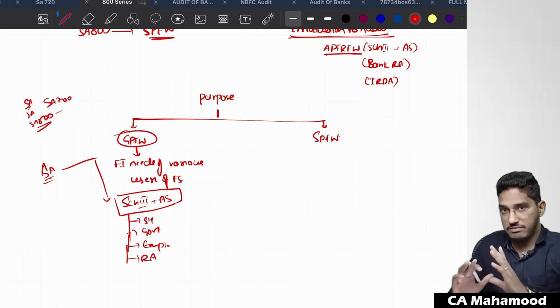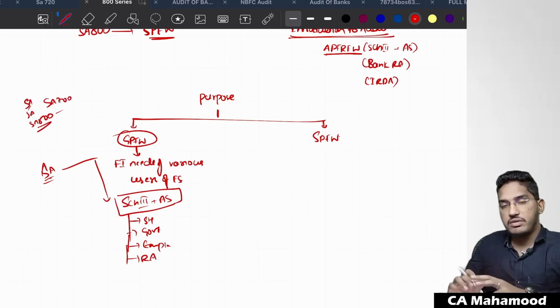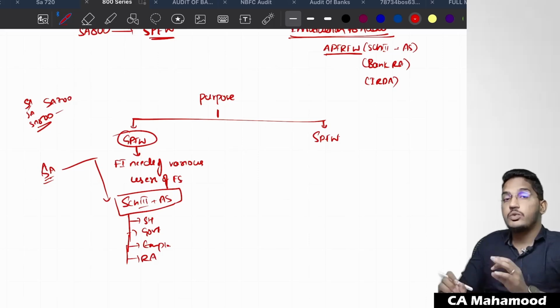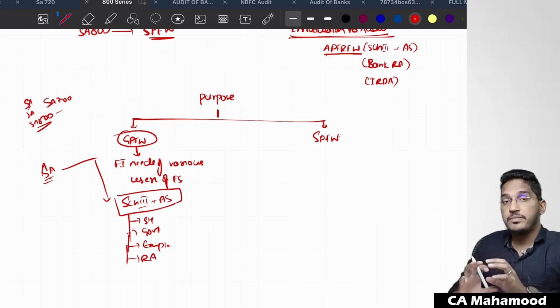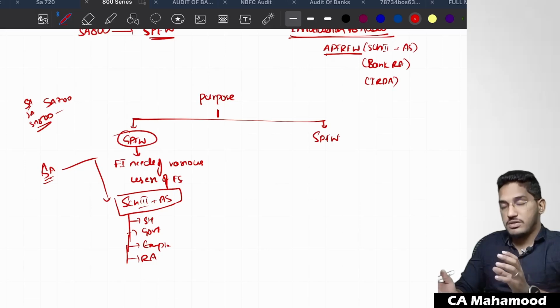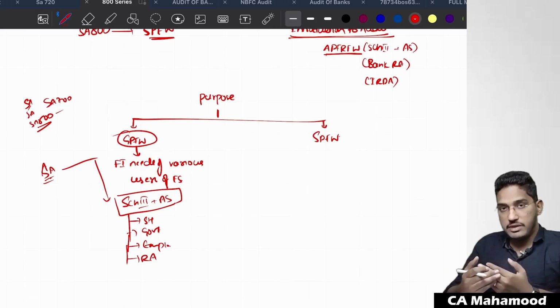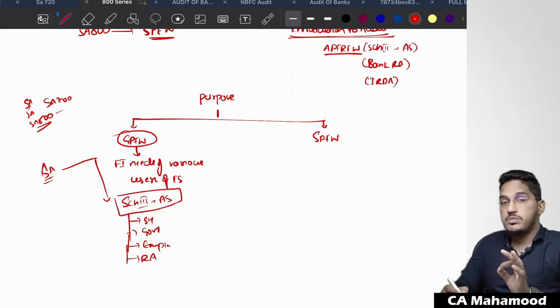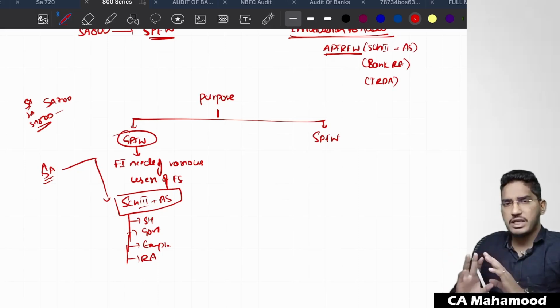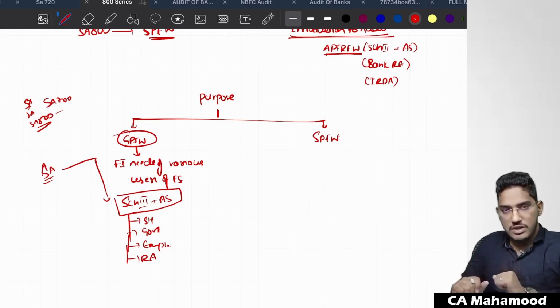All those standards are about how to conduct the audit of general purpose financial statements, which are prepared for fulfilling the information needs of various users simultaneously.